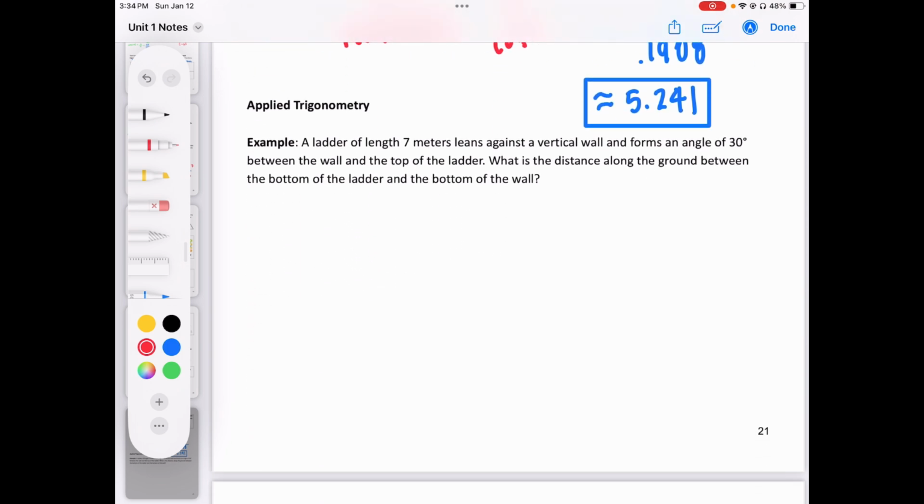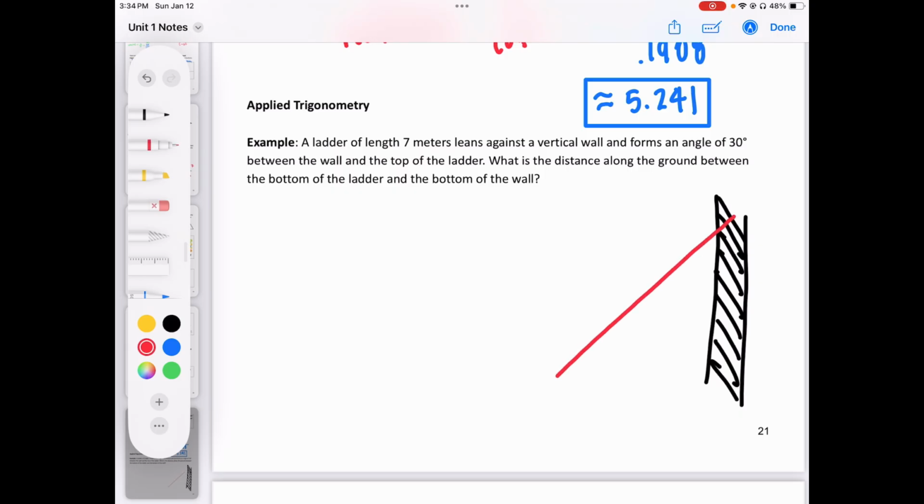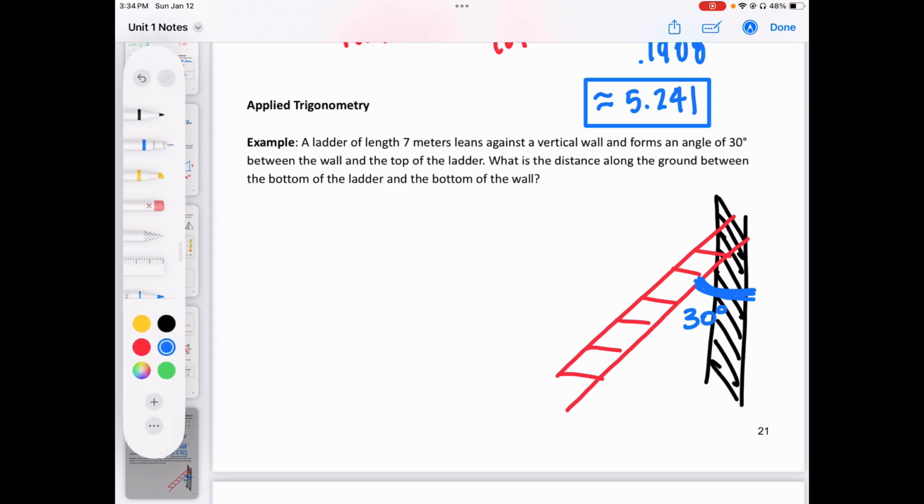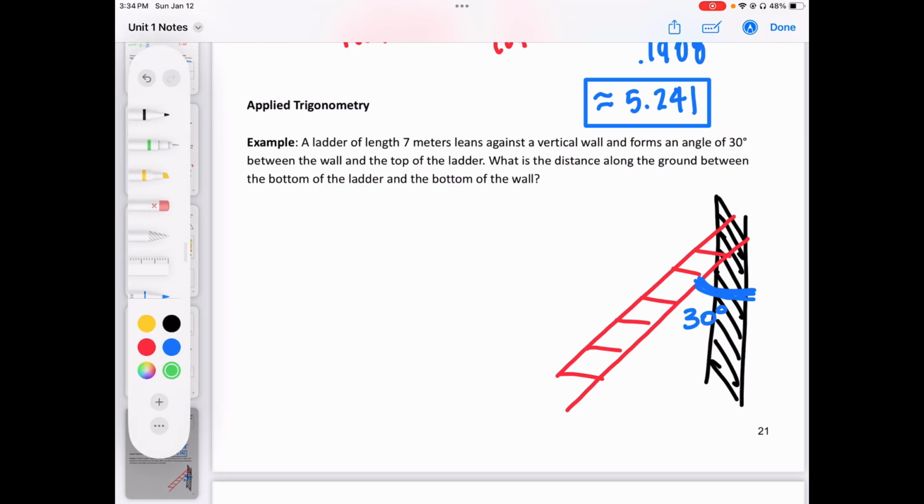Let's talk about this applied geometry question. A ladder of length 7 meters leans against a vertical wall and it forms an angle of 30 degrees. Here's this wall, here's this ladder. It forms an angle of 30 degrees between the wall and the top of the ladder. So this right here is going to be 30 degrees. What is the distance along the ground between the bottom of the wall and the bottom of the ladder?